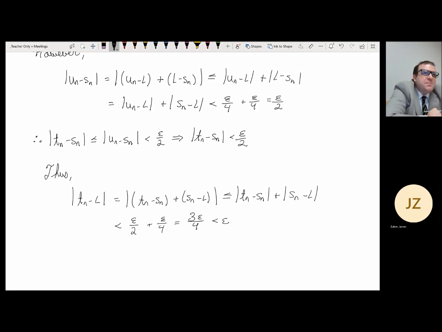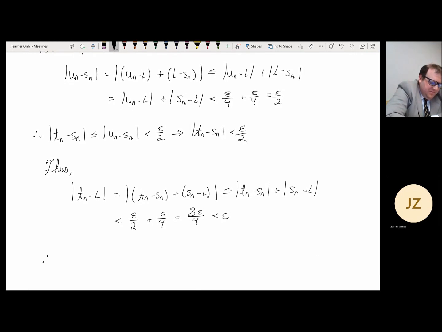Which is 3 epsilon over 4, which is definitely less than epsilon, which is the definition of the limit of T sub n being L. Welcome to abstract mathematical thinking. The fun's just getting started.